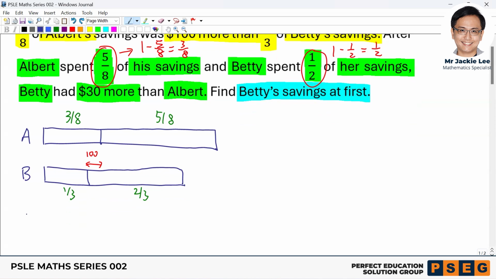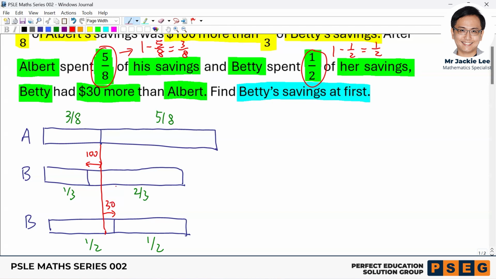So in other words, we have another model, still B. So still the same amount, but we talk about up to half. Let's say up to somewhere, half. And the difference here is 30, right?